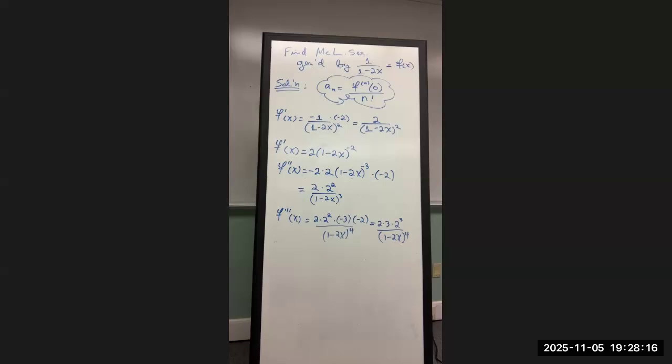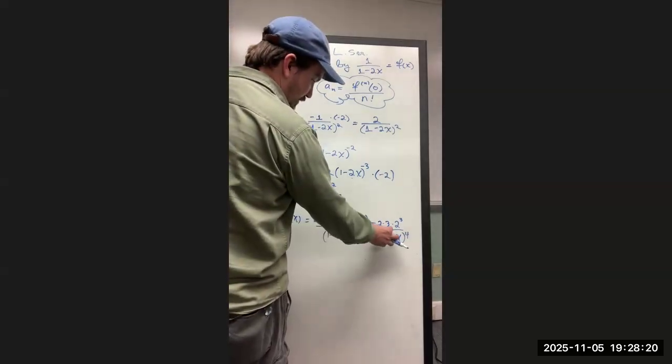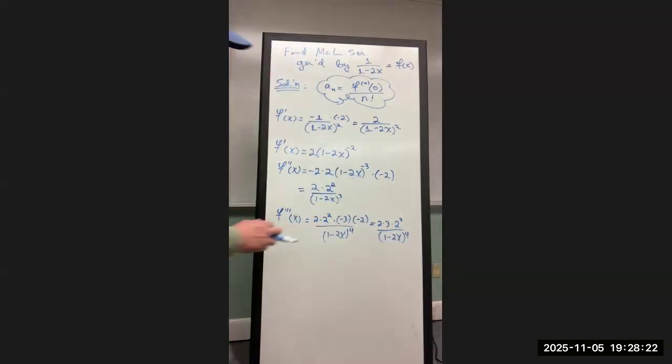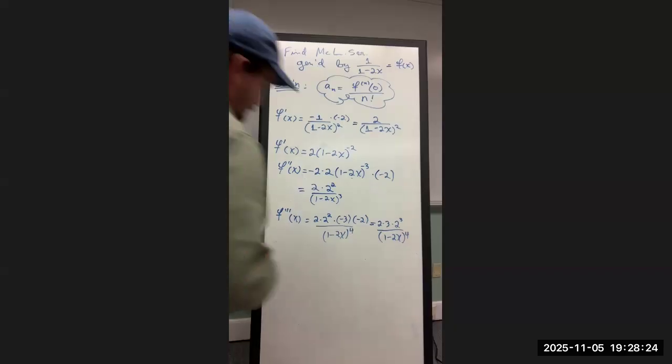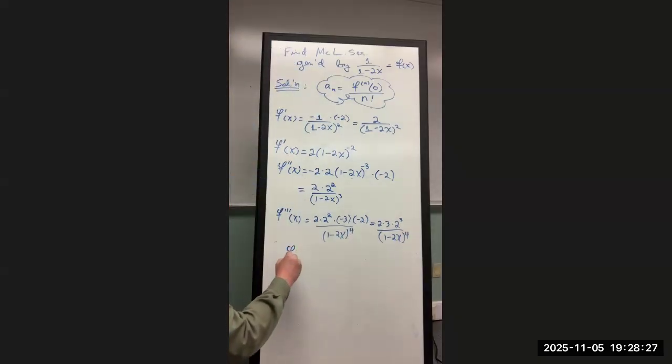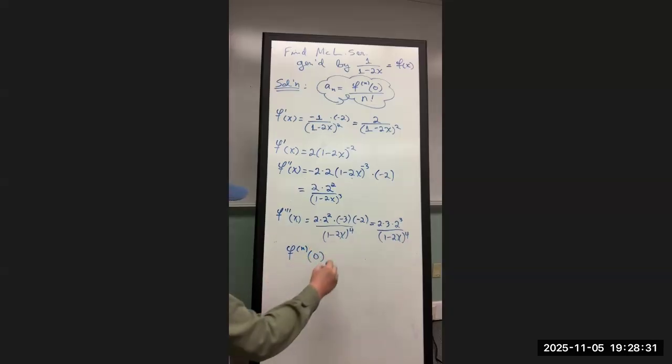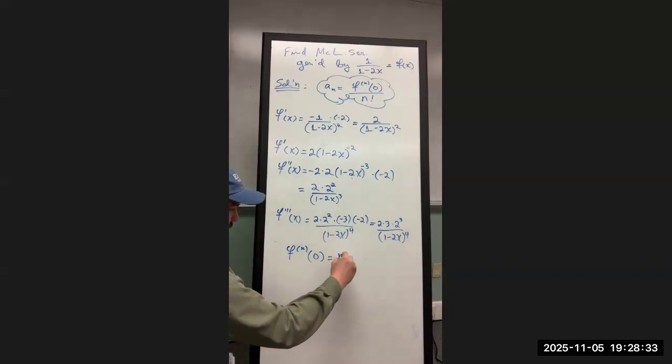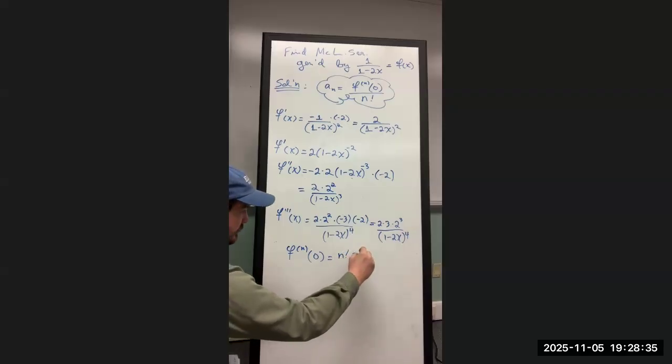So what does this look like? When I get to this one, I've got 3 factorial times 2 to the 3. So in general, the nth derivative evaluated at 0 will be n factorial times 2 to the n.